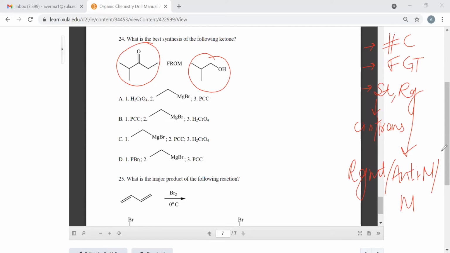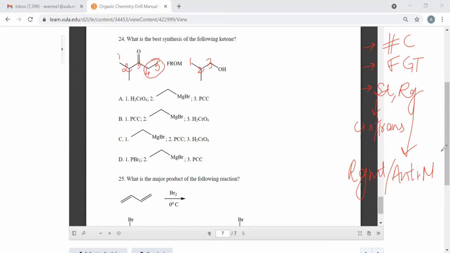So looking at these, I see this part. 1, 2, 3, 4, 5. 1, 2, 3, and then I'm missing my 4 and 5.